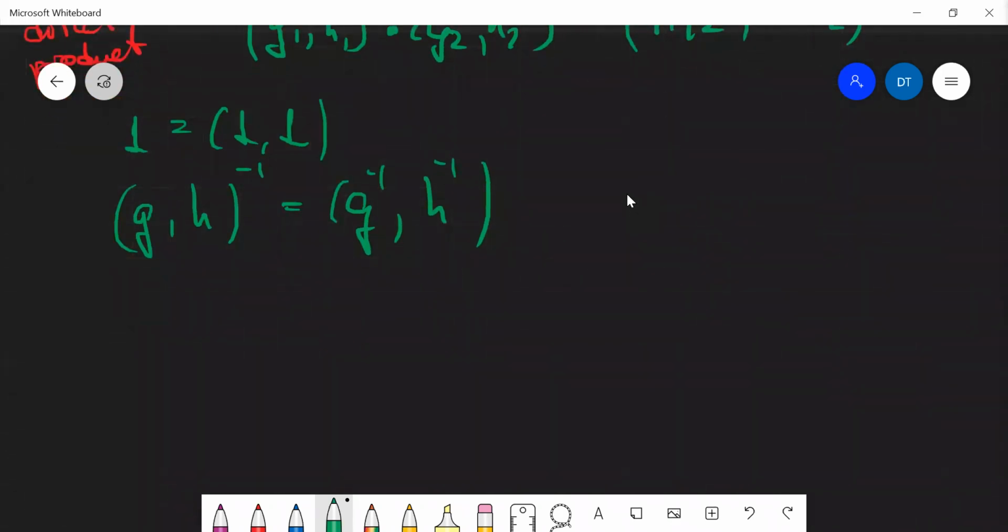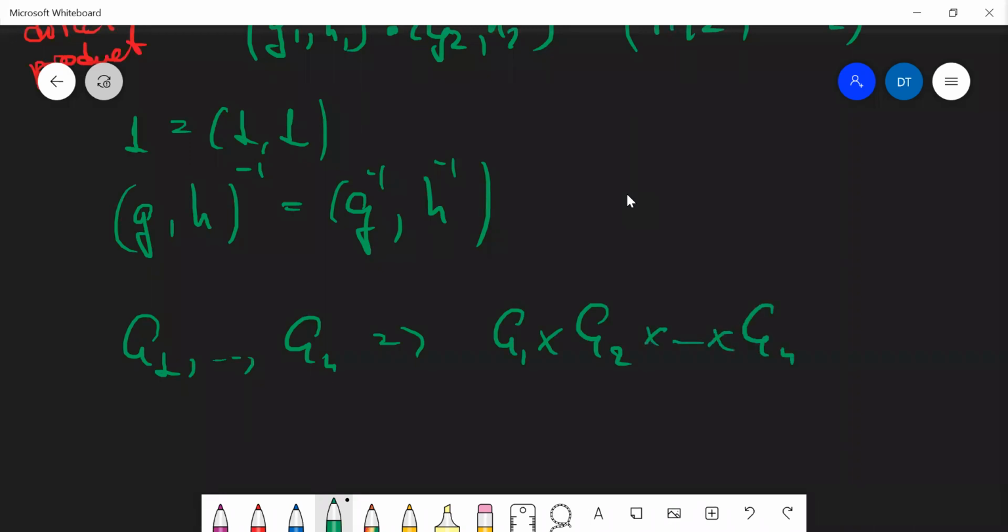And also, if you have several groups, G1 and so on up to Gn, you may produce a product of several groups. So the definition is exactly the same. You take all sequences of elements where the element in the i-th place belongs to the i-th group, and you multiply them coordinate-wise.